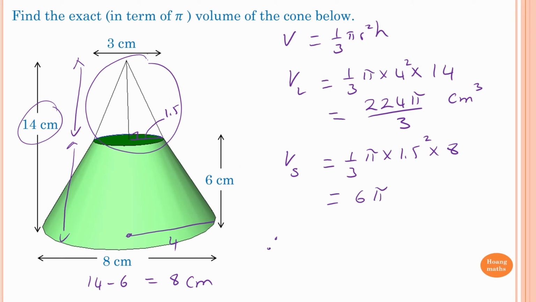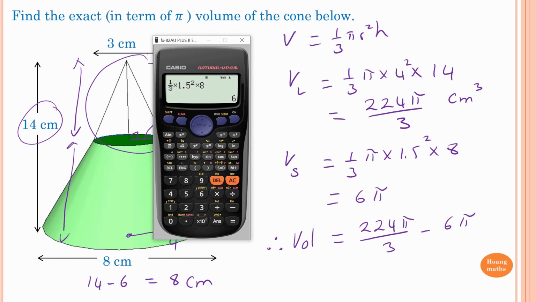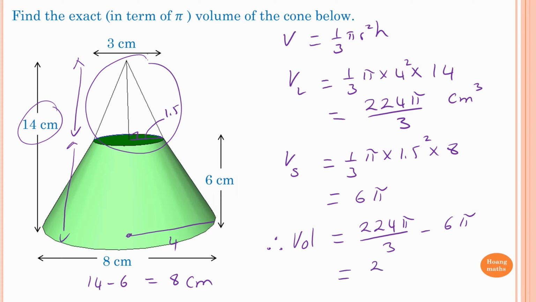So therefore, the volume of the solid equals 224 pi over 3 minus 6 pi. So just go 224. Remember, you don't put pi in because it's exact. Just type 224 over 3 minus 6. There you go. So 206 pi over 3 cubic centimeters.